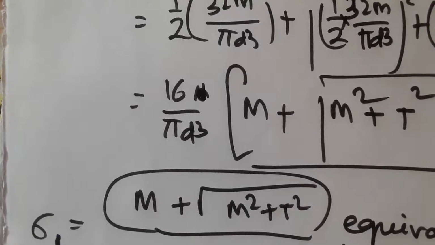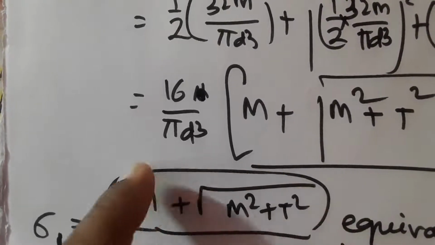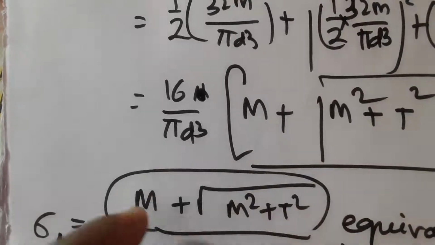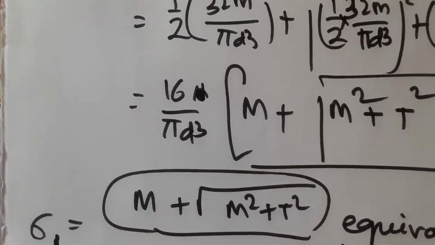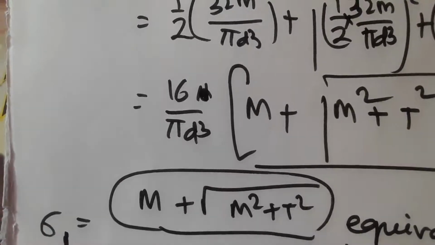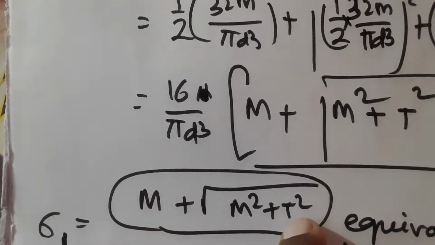Instead of M and T together, only the equivalent bending moment, M plus the root of M square plus T square, is applied, and it will produce the same amount of stress. Now sigma 1 is produced because of the bending moment and twisting moment.